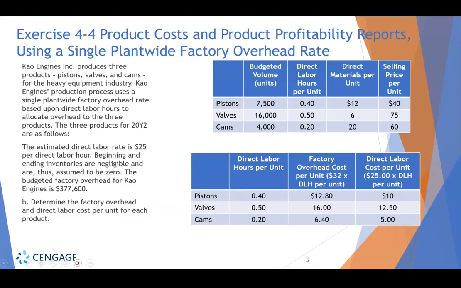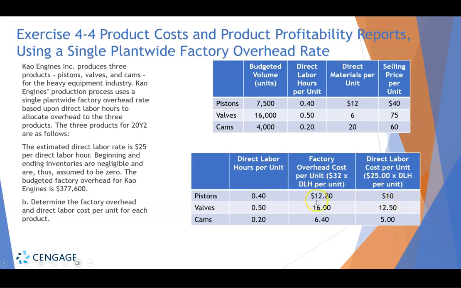That's step 1. Now we need to determine the factory overhead and direct labor costs per unit for each of the products. So we know that if the pistons have 0.4 direct labor hours and the direct labor rate is $25, we can take 25 times 0.4 to give us our direct labor per unit for pistons.